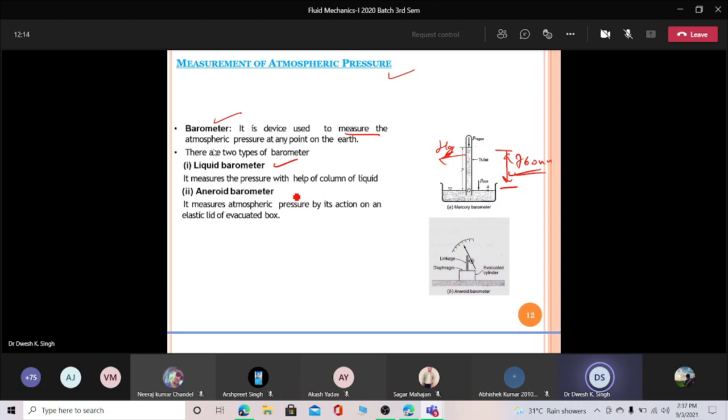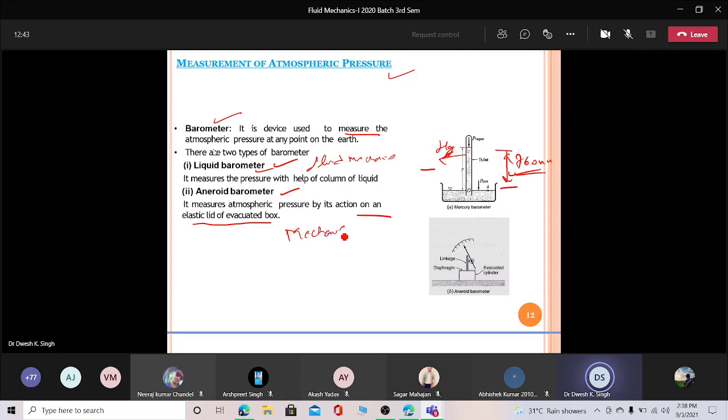But the principle of this aneroid barometer is not based on the fluid system. The pressure measurement technique of the liquid barometer is based on fluid mechanics, but the aneroid barometer is totally based on mechanical concepts, like a spring system.